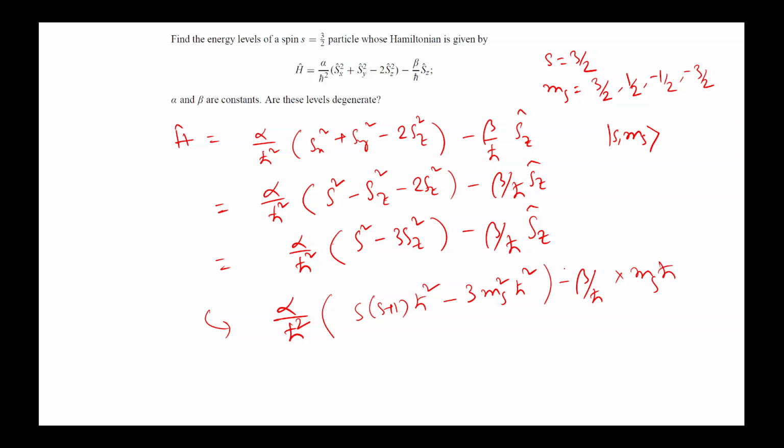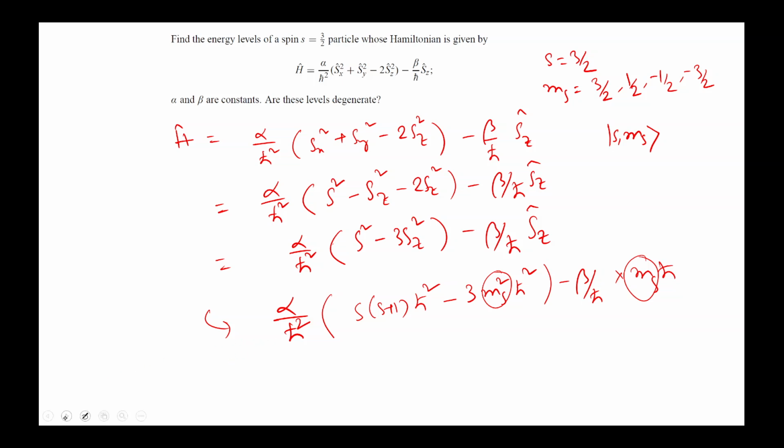So your energy expression actually depends on these ms values. If your energy expression was independent of ms, then you could have said all the levels will be degenerate. But as your energy levels depend on the ms value, the answer is that these levels are non-degenerate.